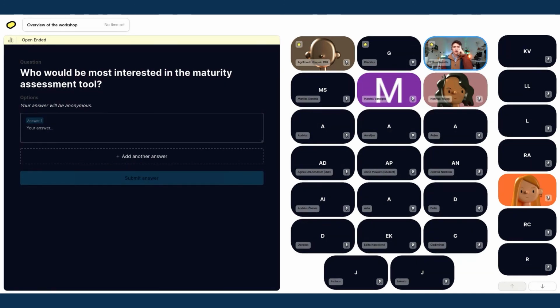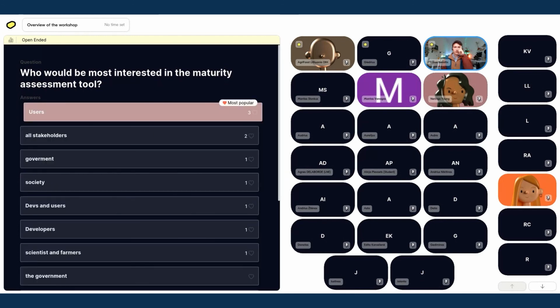Okay, let's vote for the best answer. Let's see the results. The most popular answer is users. Some of the answers are all stakeholders or government, but this was a tricky one, right? I could see by the speed of your answering that there were some doubts on this question.